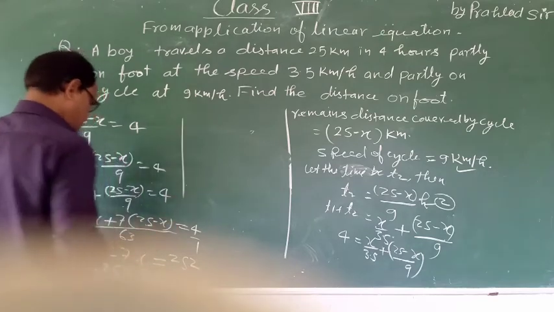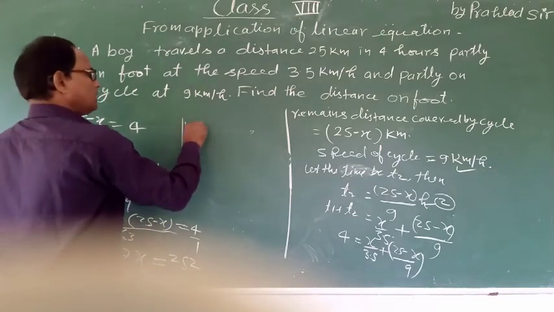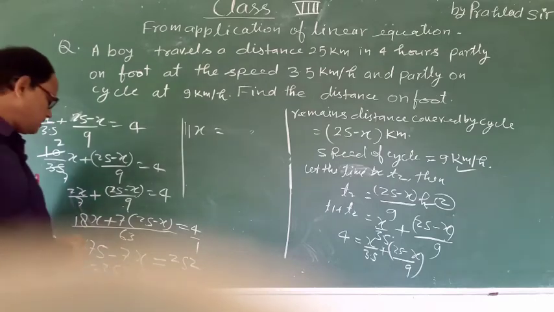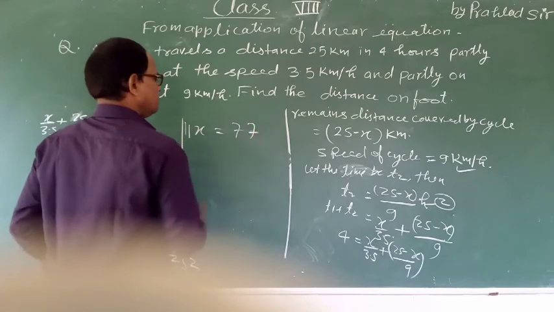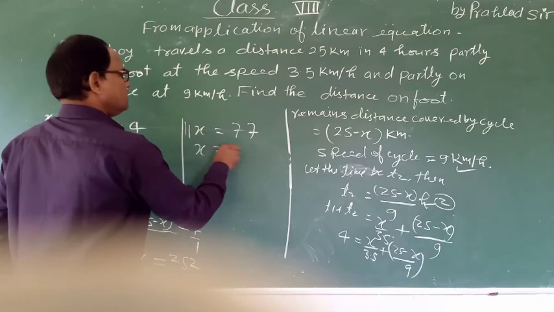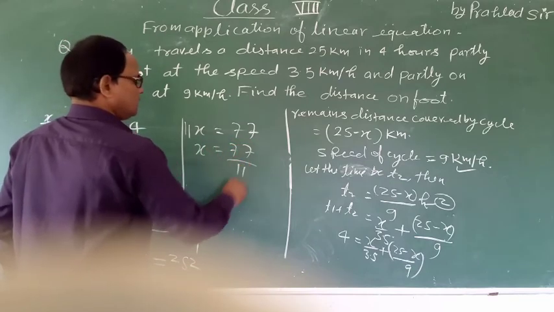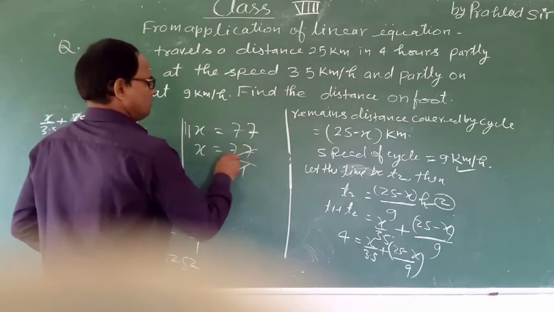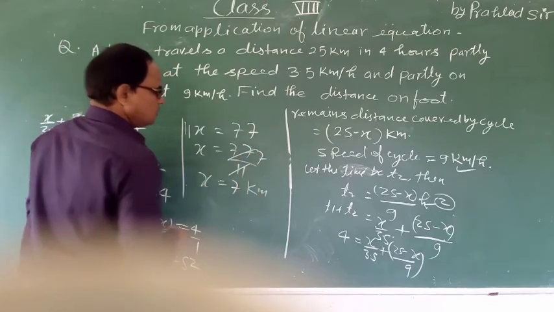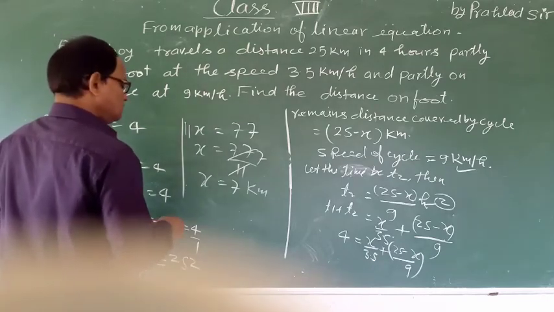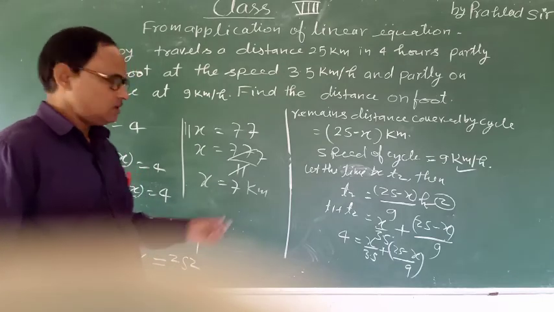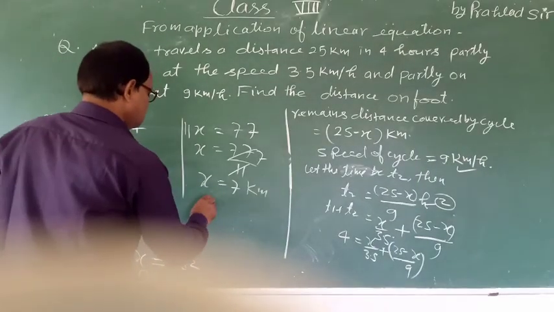So 11x is equal to 77. Here x is equal to 77 by 11, which is 7. X is equal to 7 kilometers, the distance covered by the boy on foot.